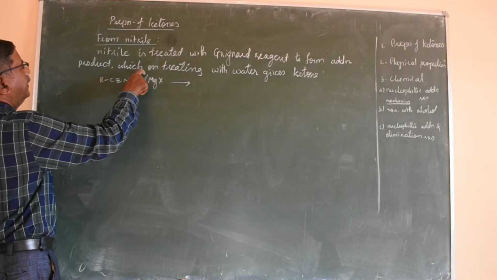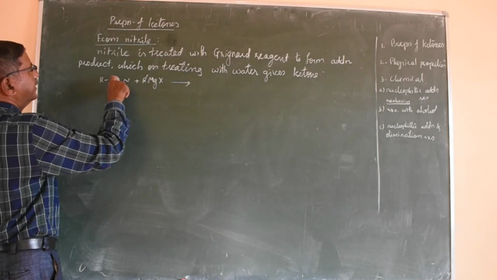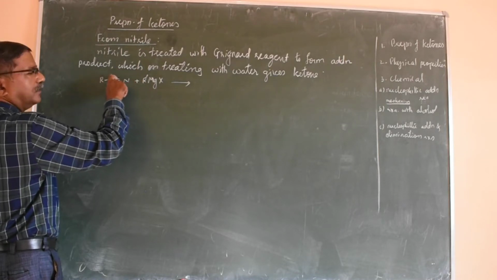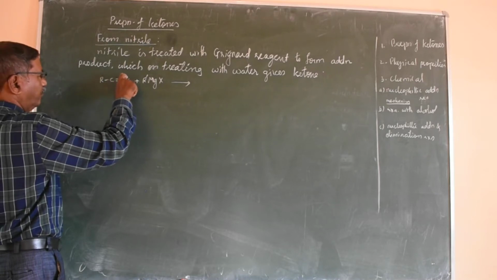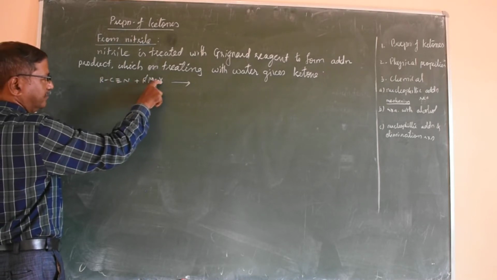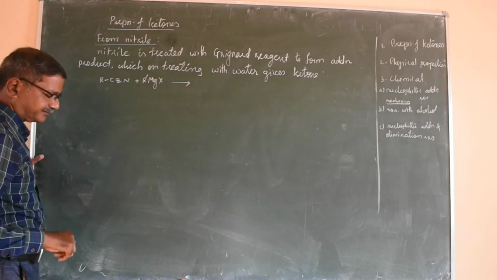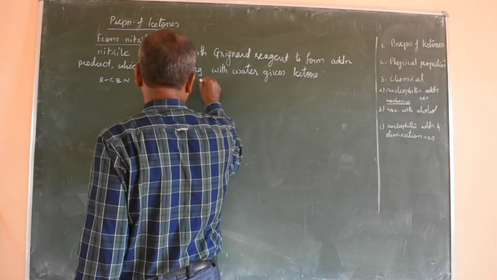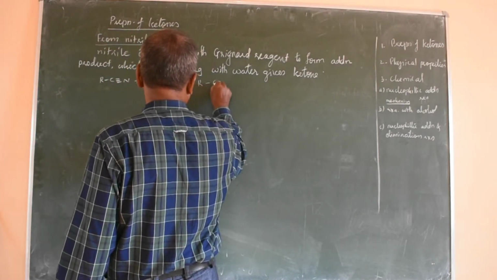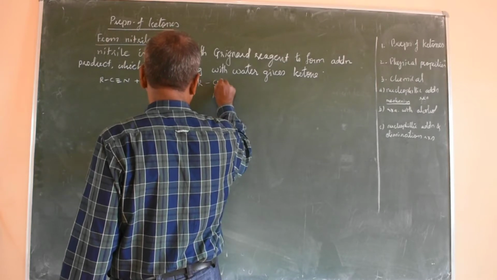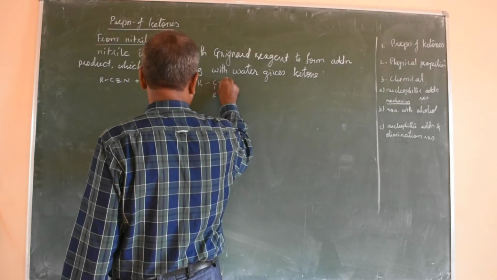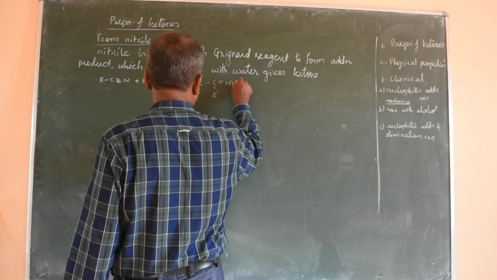So R' attacks this carbon, as the nitrogen is more electronegative, and a pi electron pair moves towards the nitrogen. So MgX is attached to this one. The product is R-C(R')=N-MgX.